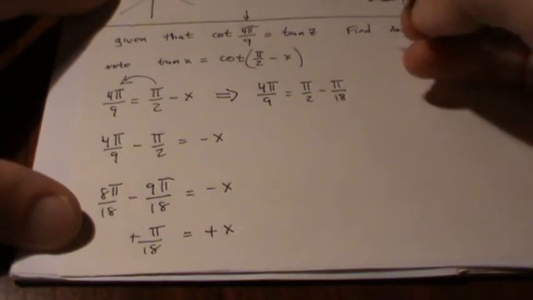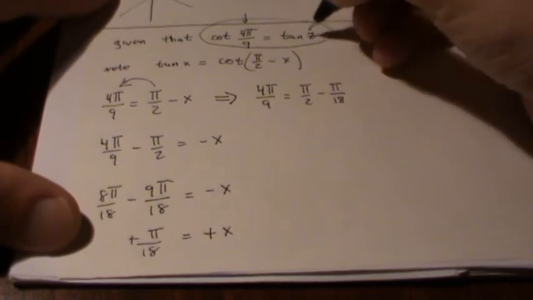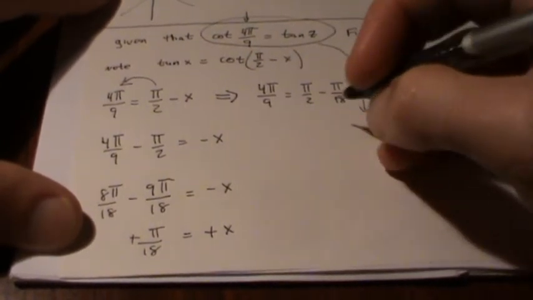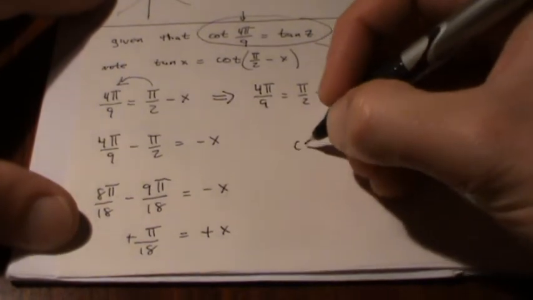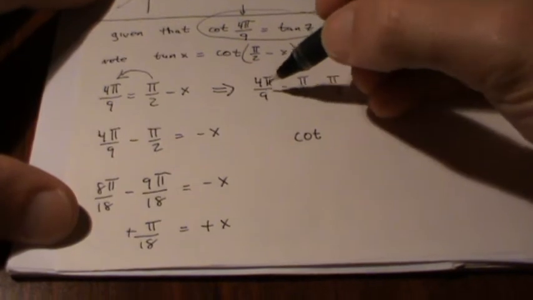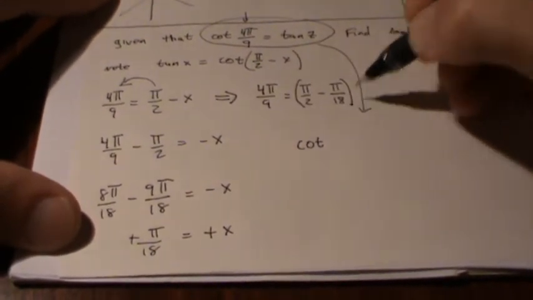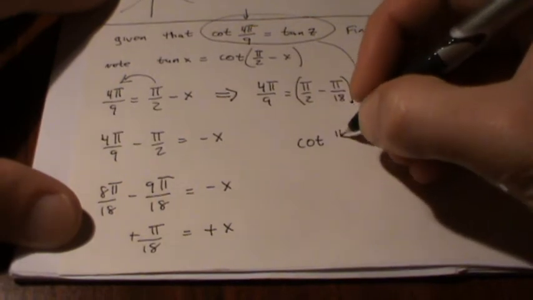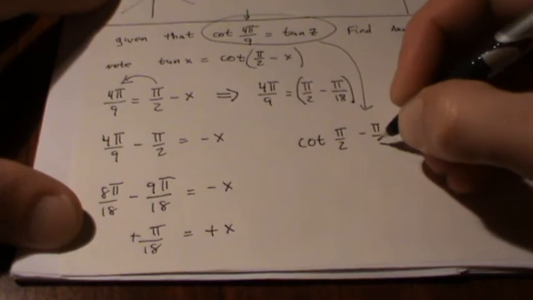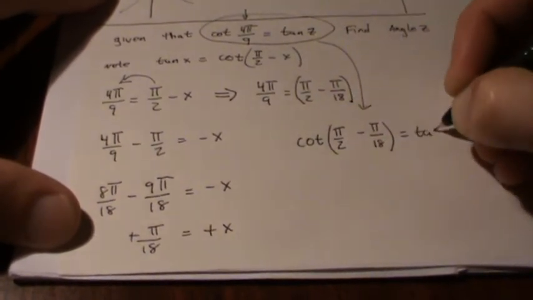Okay? And so now I'm going to take this and write it differently. Remember, 4 pi over 9 is actually equal to this, so I'm going to write it as cotangent of pi over 2 minus pi over 18 is equal to tangent of z.